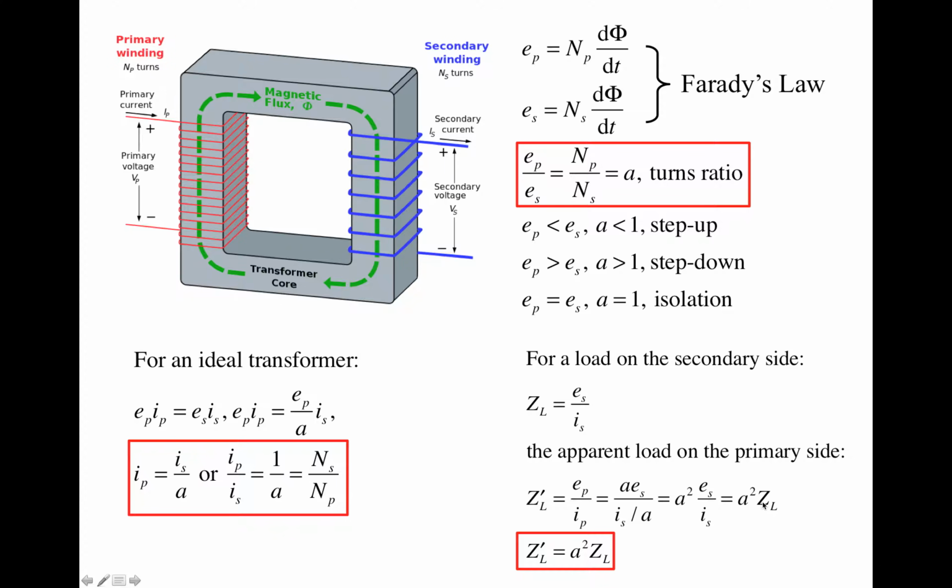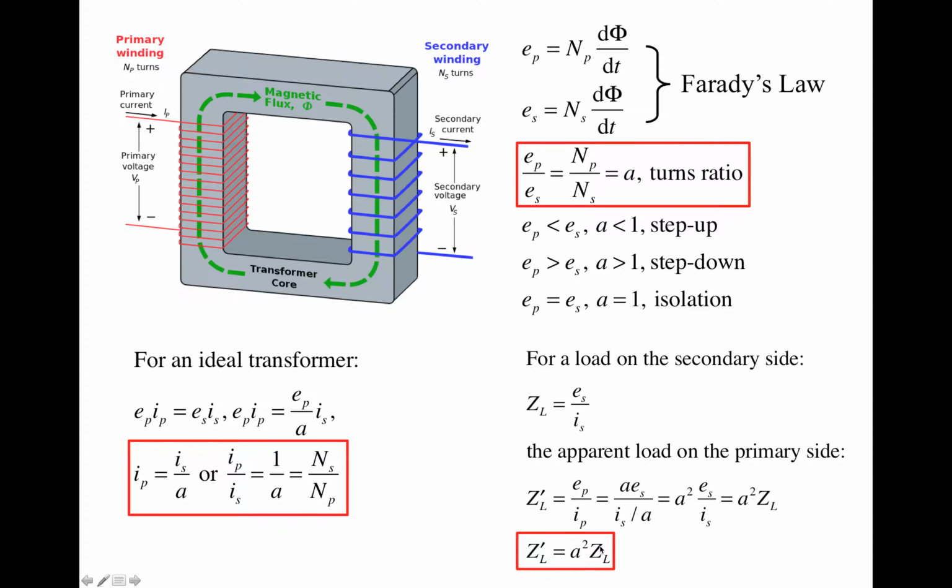So the third relation is this expression for the apparent load on the primary side. The apparent load on the primary side for an impedance on the secondary side is going to equal A squared times the actual impedance on the secondary side.